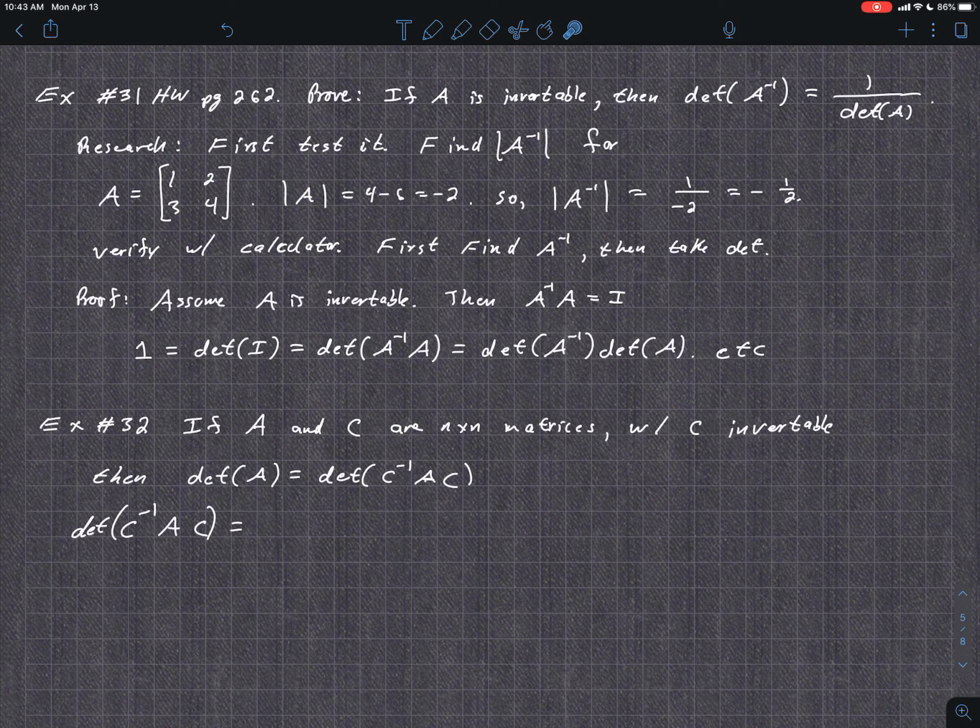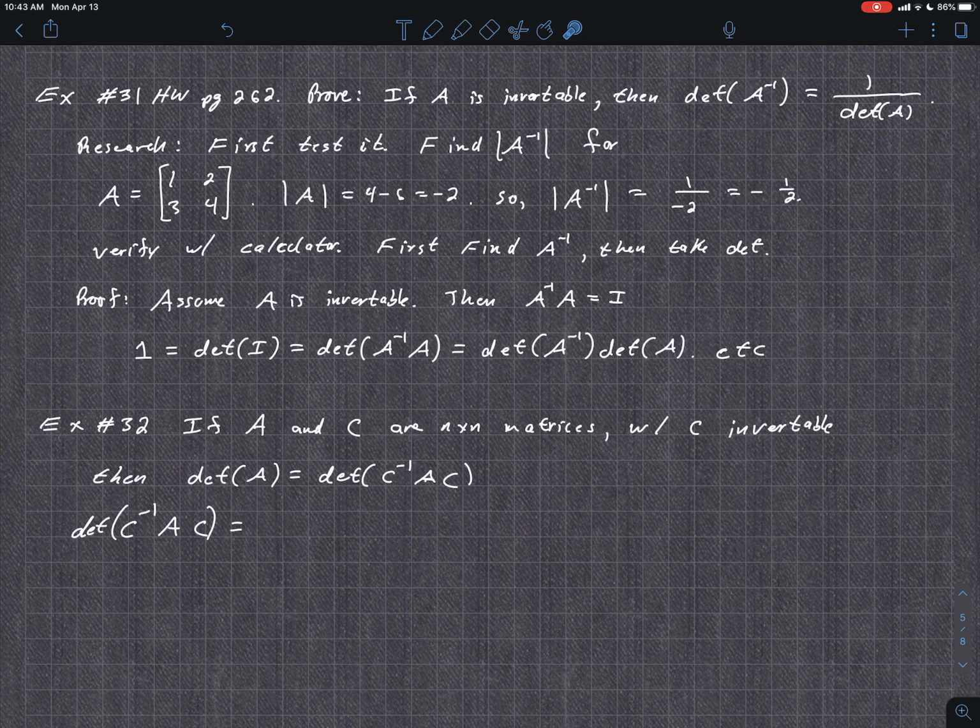So when you're asked to show something like that, sometimes it's nice to try a simple case that you know is invertible. You can use your calculators, maybe do a couple things by hand here and there, depending on the situation.